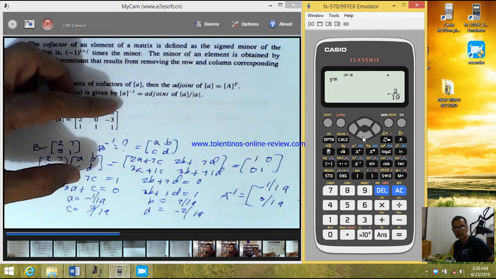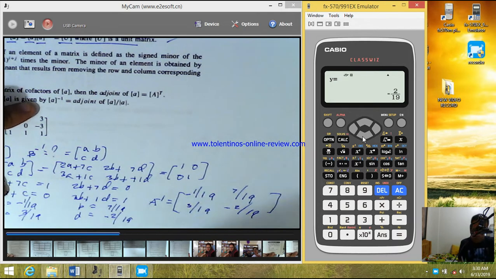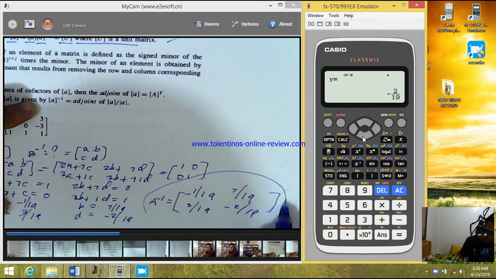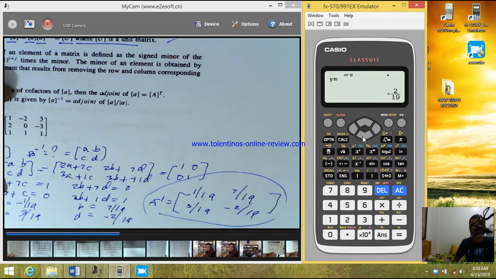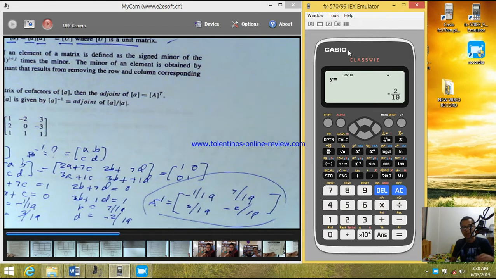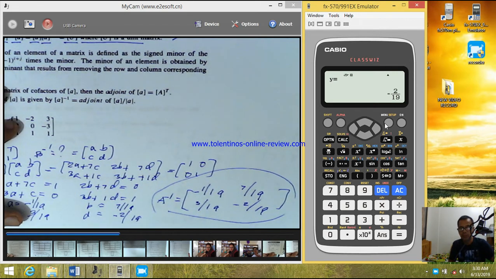Okay, let's verify kung satisfy nito yung multiplication. Now dito punta ka sa menu, hanapin mo yung matrix. Spreadsheet, table, equations, ratio, complex, this one, base. This is the matrix for equal.